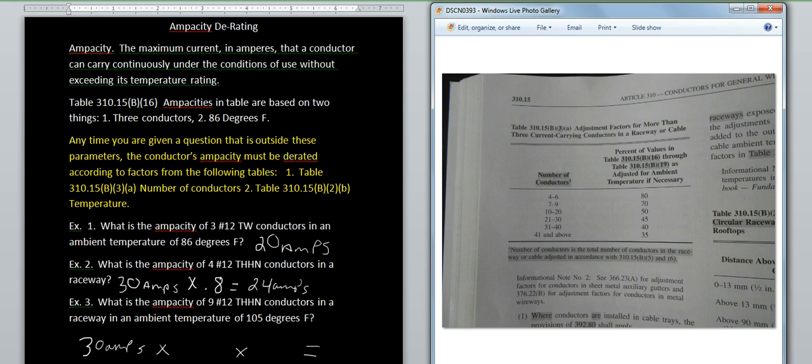For the number of conductors in the raceway, 7 to 9, you're asked to take 70%. So we're going to put 0.7 here.